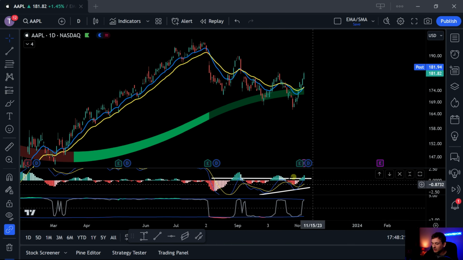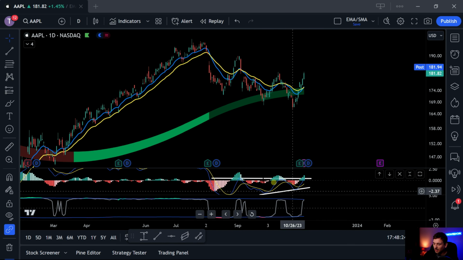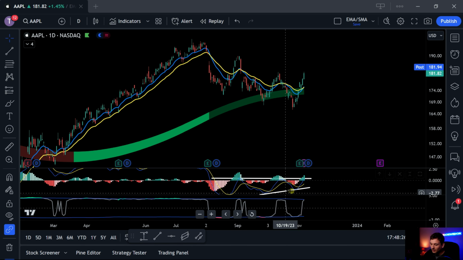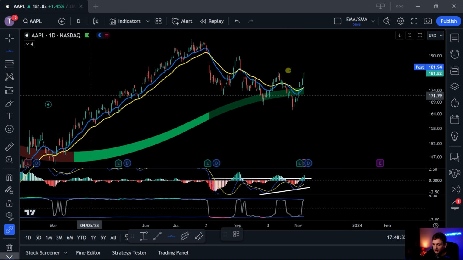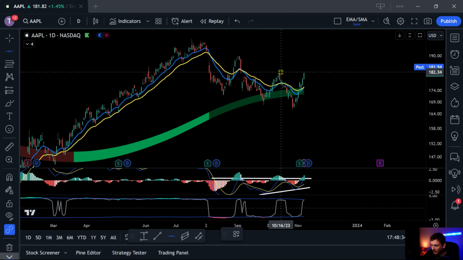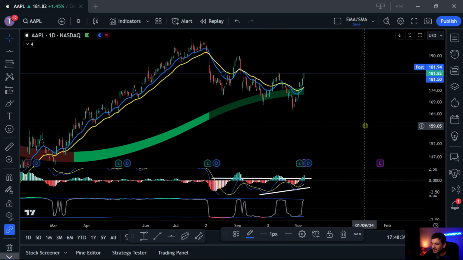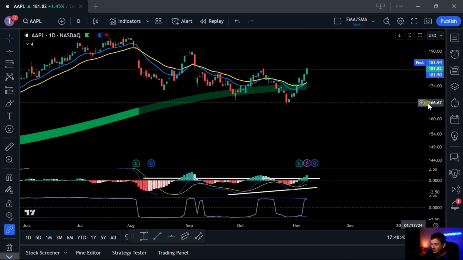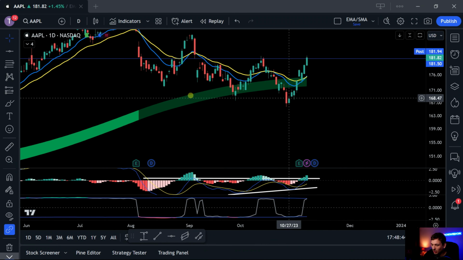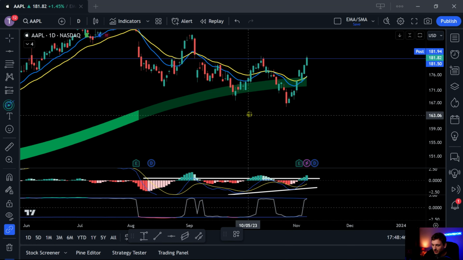So you're getting some mixed signals on this MACD, but really what the MACD is showing is this right here. See how I'm going to draw this line here. You have almost like a double top at this point. Now, keep in mind that this is lower. Here, let me go back to the drawing.